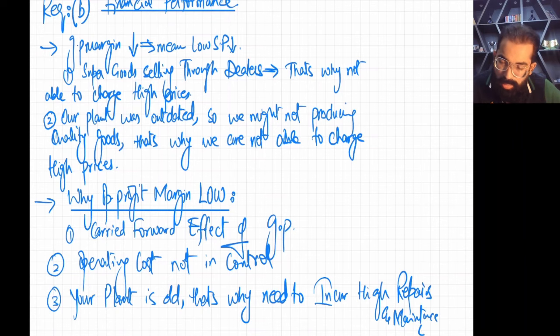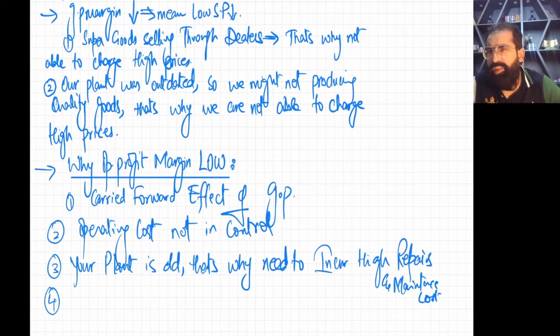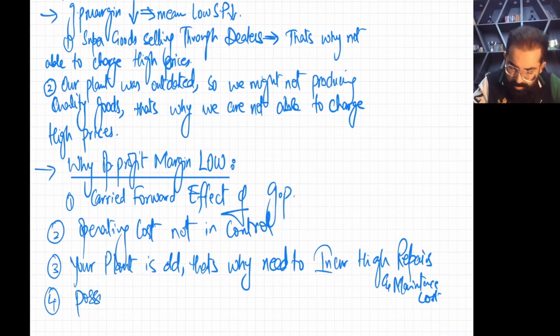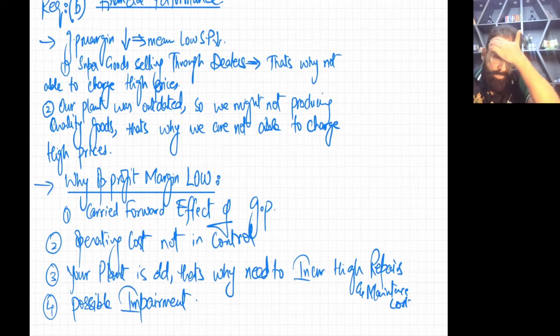Okay, one more reason you can add is that there might be some impairment. Impairment is also possible. So these are the points you can write.